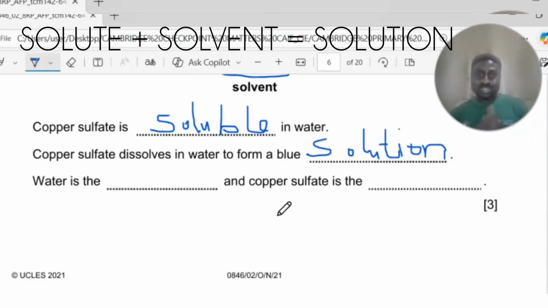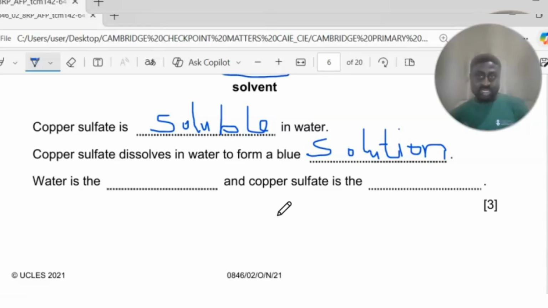I always tell my students during chemistry sessions that they shouldn't forget this vital formula. You will say solute plus solvent is equal to solution. While solute is a solid, solvent is a liquid, and solution is a mixture of the solute and solvent, or the solid dissolved in the liquid.